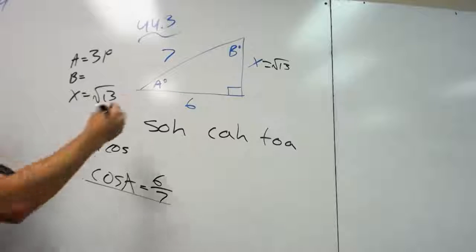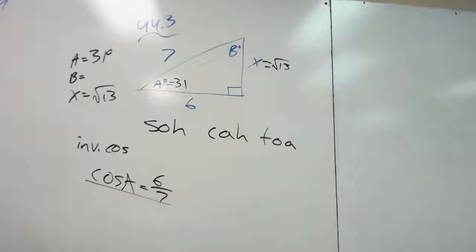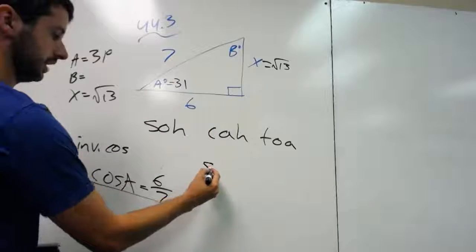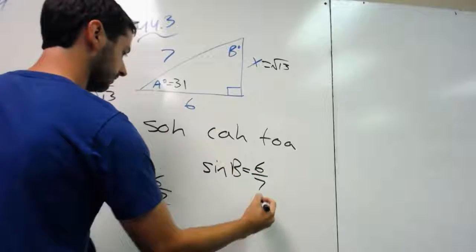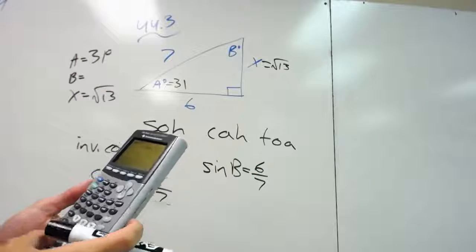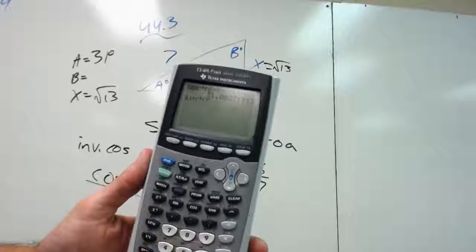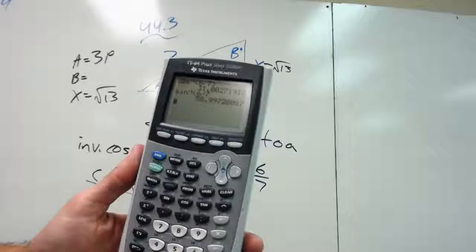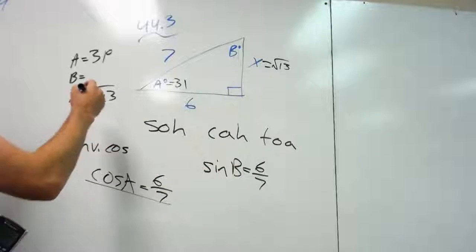And now you can solve for B by doing triangle sum theorem. Or you could say, trigonometry, sine of B equals opposite 6 over 7. And then type that in your calculator. Inverse sine 6 divided by 7 equals 58.9, so that'd be 59 degrees.